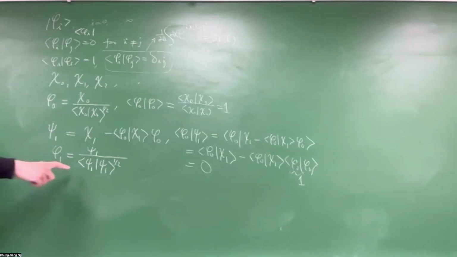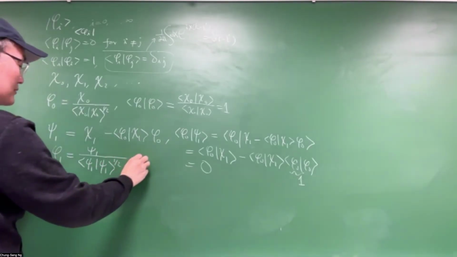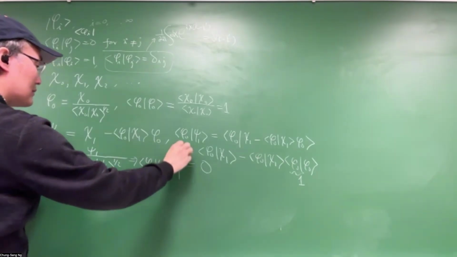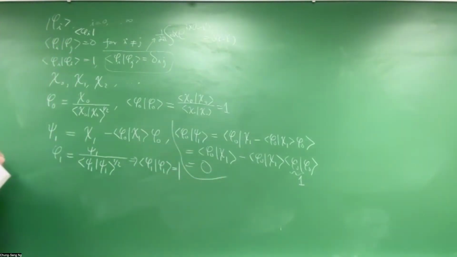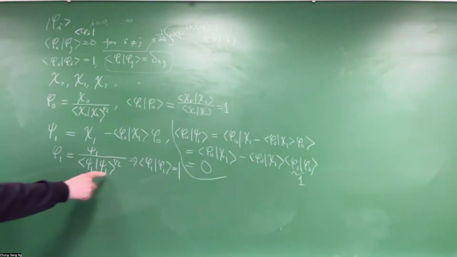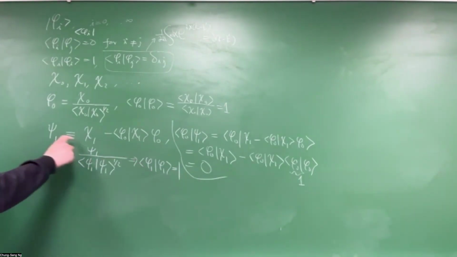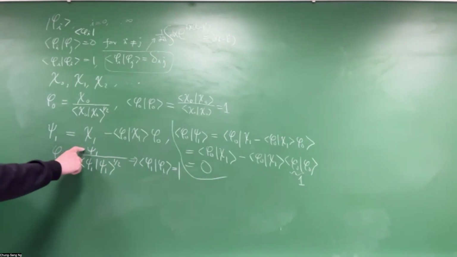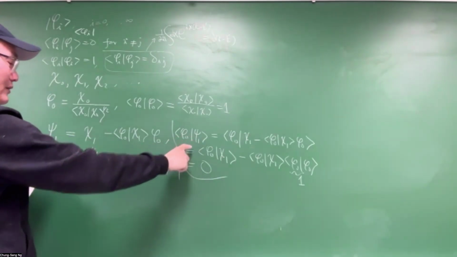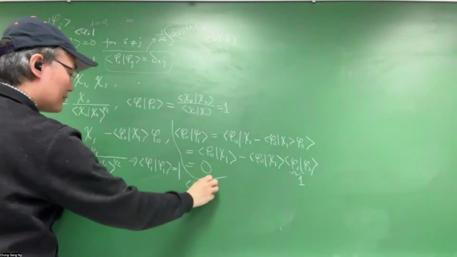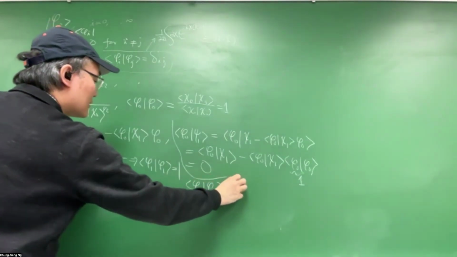That makes sure that phi 1 is normalized to 1, just the way we just did. That is your first basis, defined like that. This is just psi 1 divided by a number, so that doesn't change the fact that they are orthogonal. So this also means phi 0 and phi 1 are orthogonal.